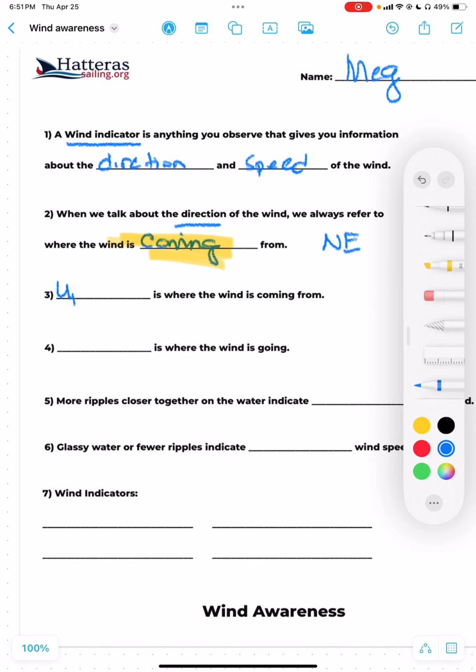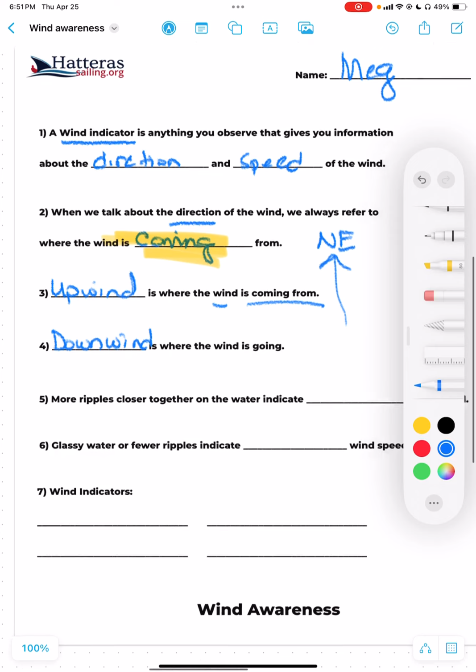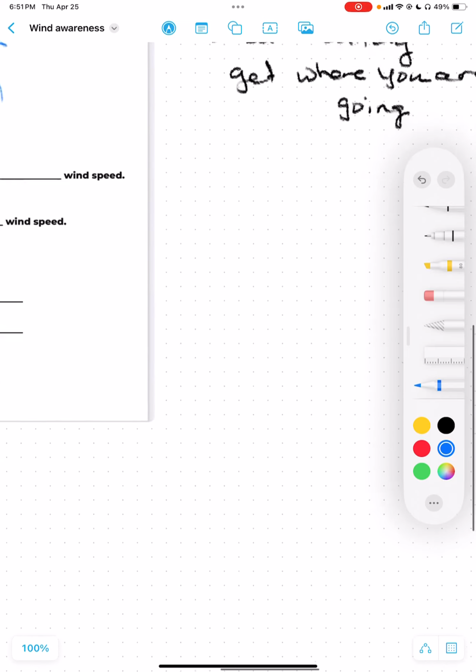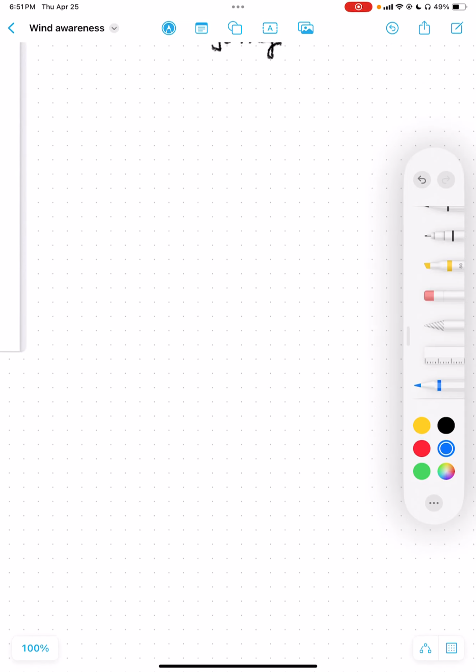And when we are sailing, we talk about upwind, which is where the wind is coming from. So in that case, northeast would be upwind, and downwind is where the wind is going. So when you're sailing, if the wind is up here, then this is upwind, right?